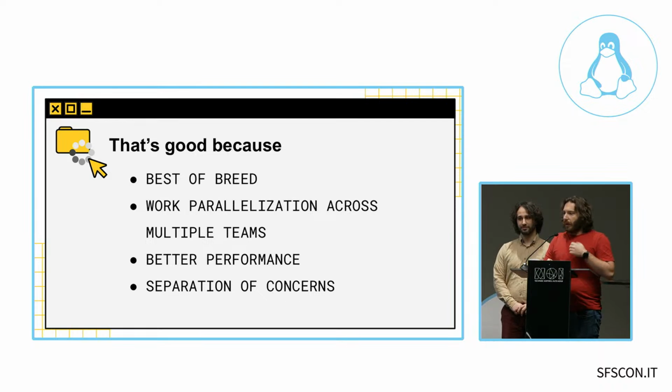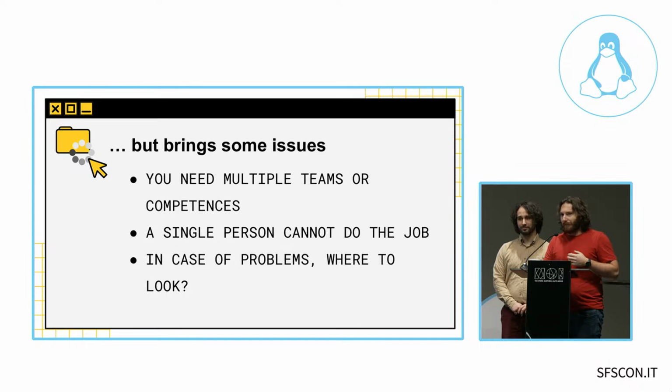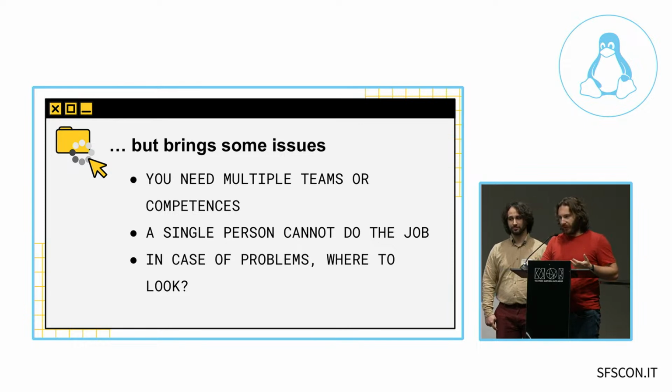Of course, we have a lot of good things, but we also have some issues because we need to have a lot of people involved. We have to work with multiple teams, so the cost of communication explodes, and a single person can no more do the job. So it's not always easy to manage a situation where there are some problems.